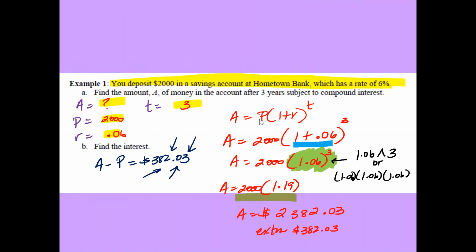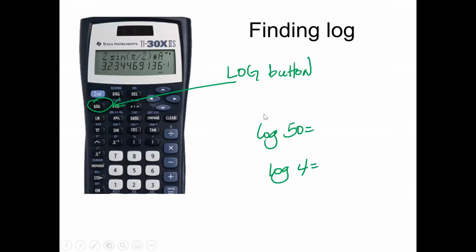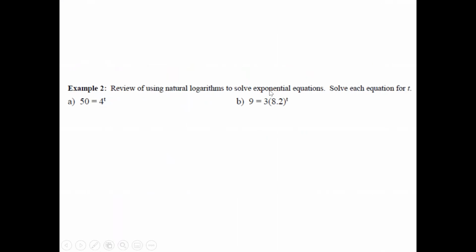All right, let's take a look at example 2. Before we go to example 2, make sure you guys know where the log button is on your calculator. It's right there. All right, so reviewing natural logs back in Algebra 2, solve for t. So first thing you want to do is you want to put a log in front. And then what you're going to do is you're going to put this into numbers, okay? So our goal here is to solve for t.